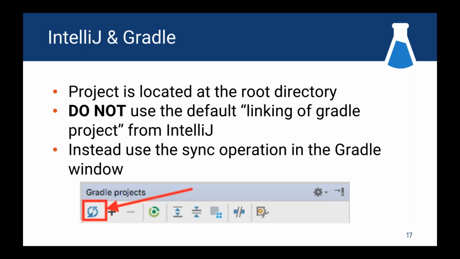So you can say no, and you can say, don't show me this again. And instead, what you will use when you start it up, pointing at that root level project, you should see a Gradle window, and then you will want to do a sync operation within that Gradle window.